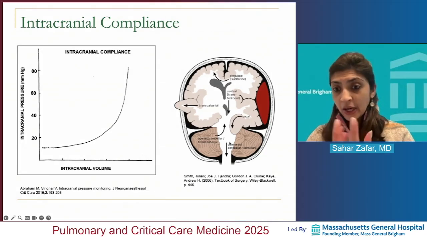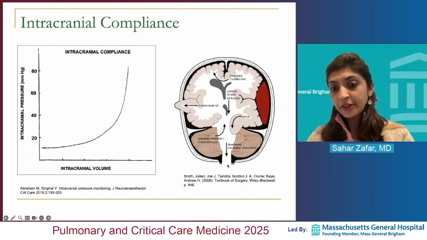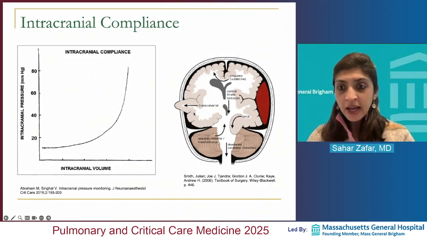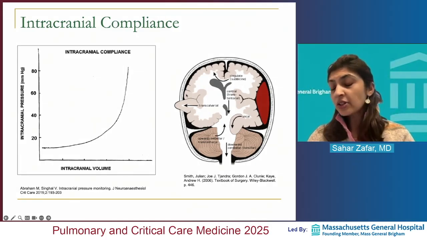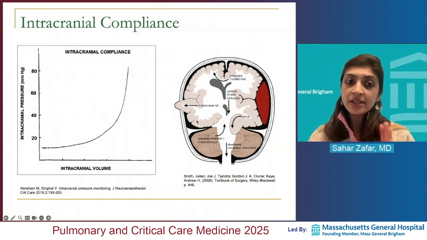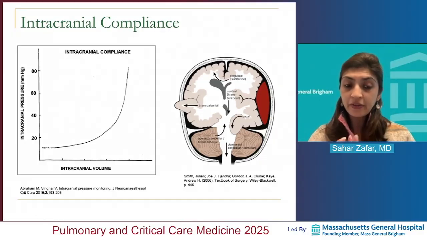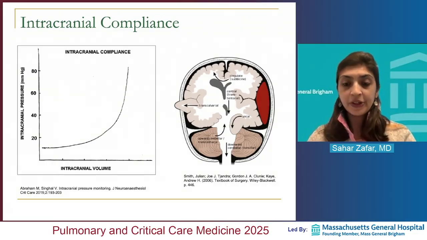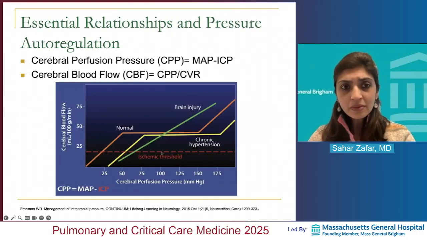There can be downward herniation of the cerebellar tonsils, and then there can also be central transtentorial herniation where the entire brain is sort of sagging. And then if there is a brain defect or skull defect, there can be transcalvarial herniation through the skull defect. And so when the Monro-Kelly doctrine can no longer be maintained and the volume exceeds the compensatory mechanisms, is when we start to see tissue compression as well as herniation syndromes.